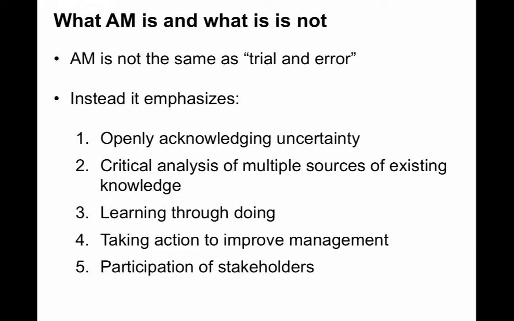So as I mentioned earlier, adaptive management is an iterative process where we try to make decisions based on newly acquired information, or where information may be lacking about our ecosystem or site we are attempting to restore. And so I think we need to first really specify that AM, or adaptive management, is not trial and error.